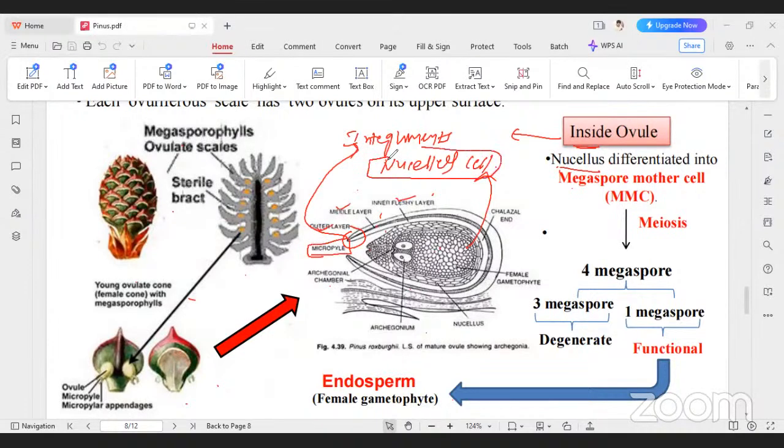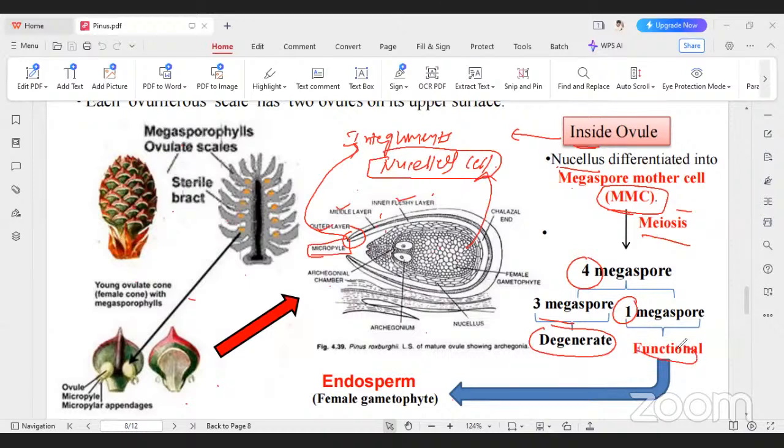From the nucellar cells, what happens? The nucellus differentiates into the megaspore mother cell, MMC, like the microspore mother cell. This megaspore mother cell undergoes meiotic division, and as a result four megaspores are formed. Three megaspores degenerate and only one is functional.